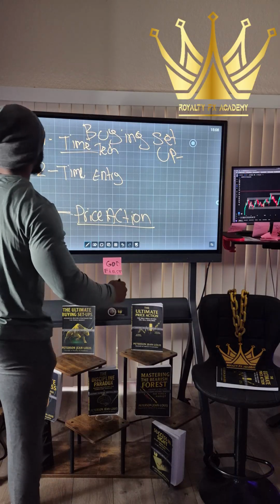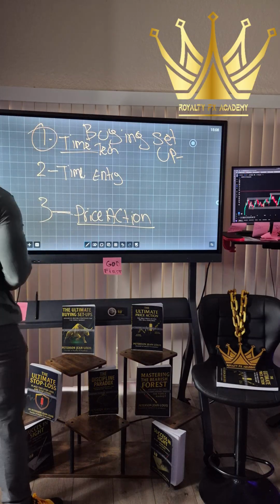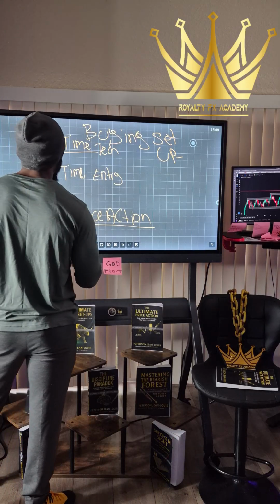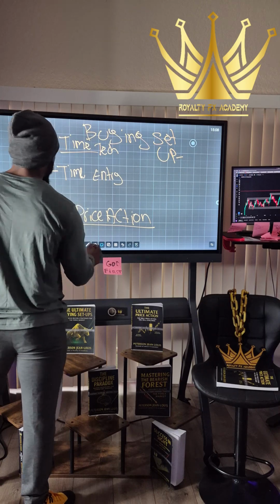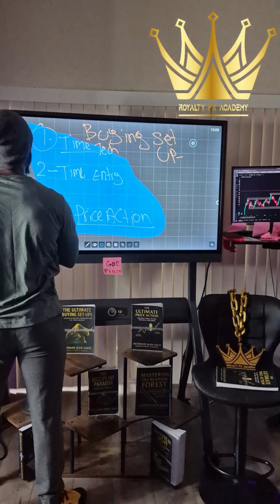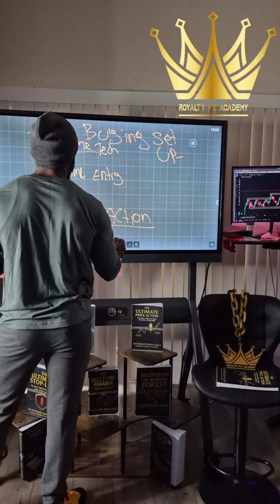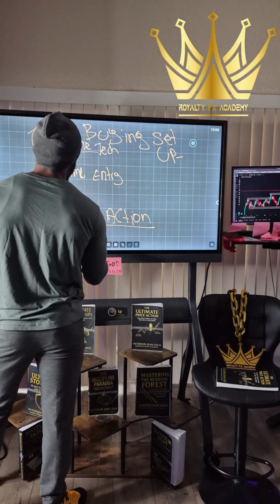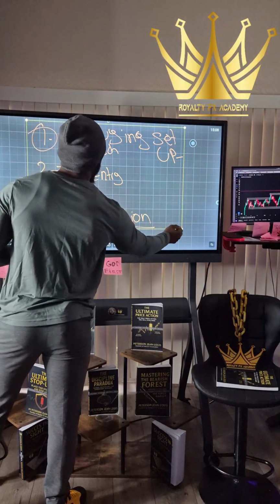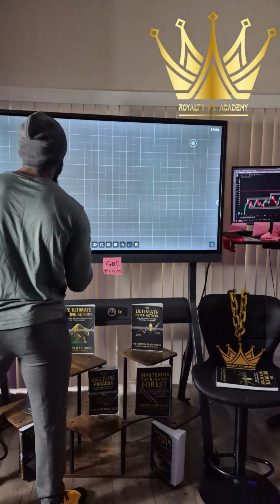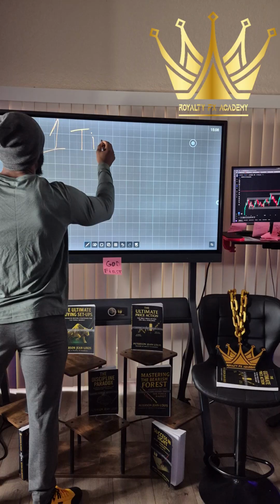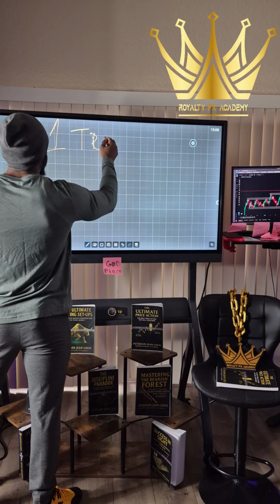So rule number 1, you want to use the higher time frame, and let's go over these time frames real quick. Time frame for your technical analysis, okay?